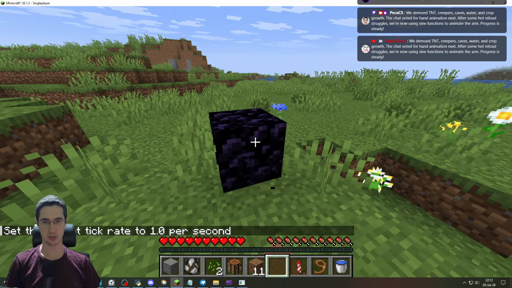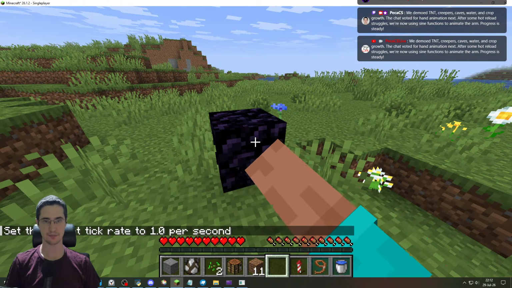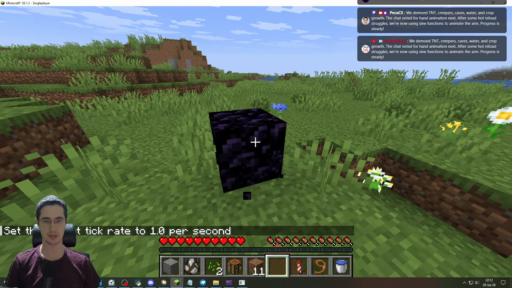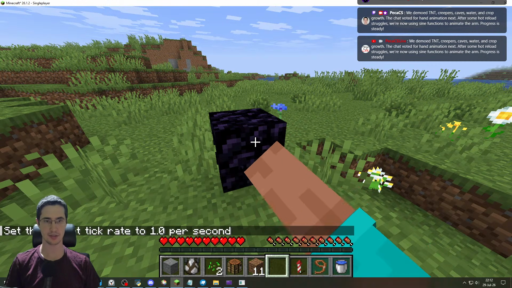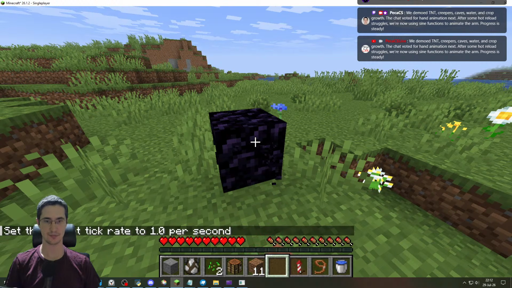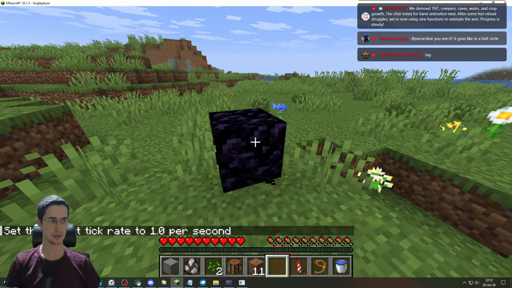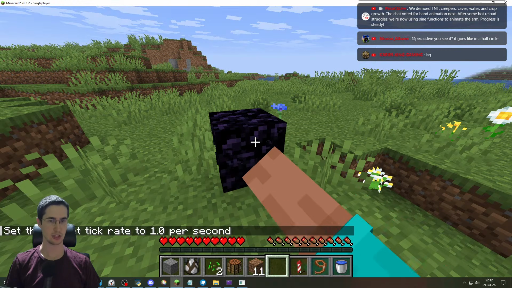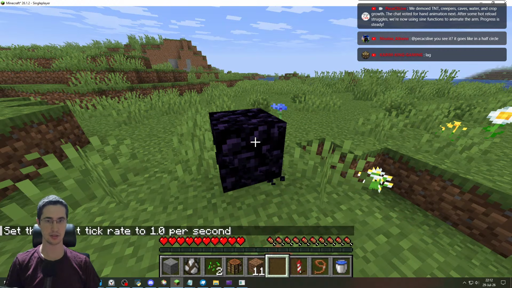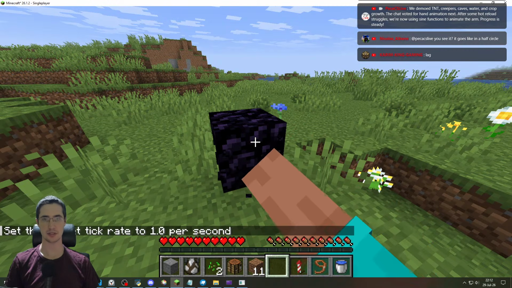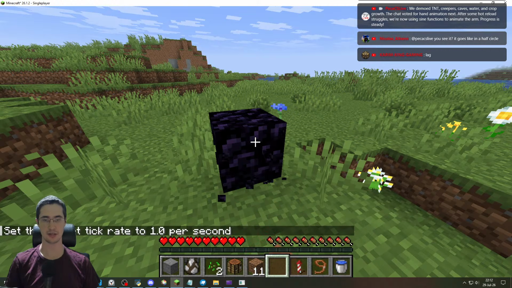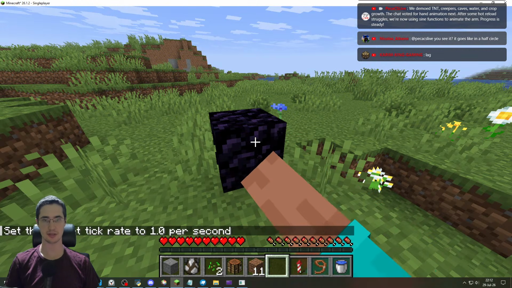And look at how it goes to the left and forward and up and down. This is what we're trying to do. It goes in a half circle. Yeah, we're doing half a circle.